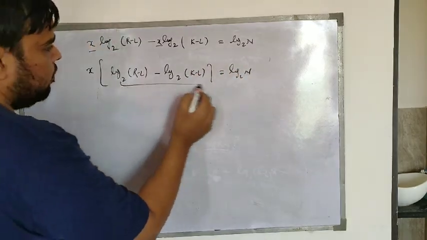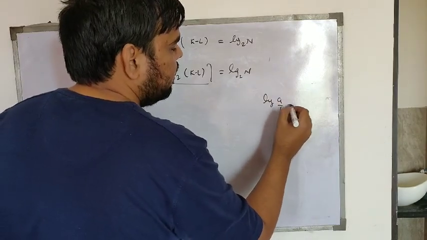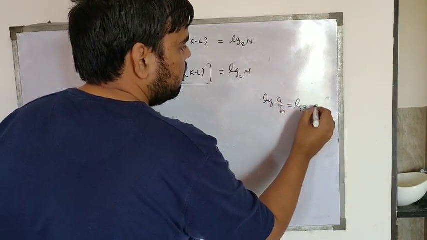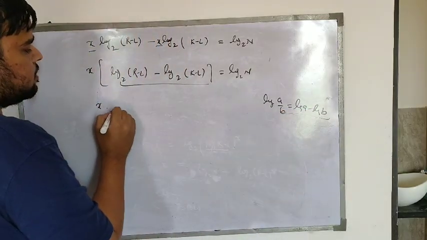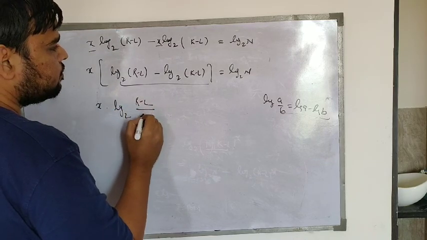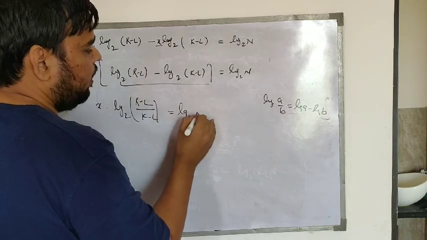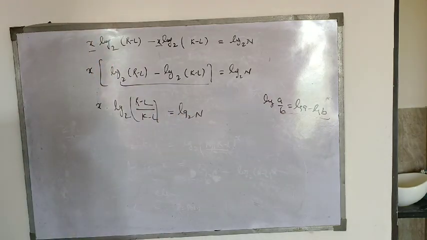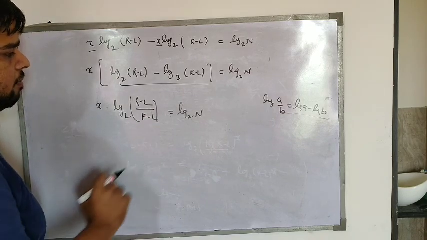By logarithmic property, log a by b can be written as log a minus log b. So this will be x times log with base 2 of (R - L)/(K - L) equals log 2 N. Okay, now divide both sides by this log 2 of (R - L)/(K - L).